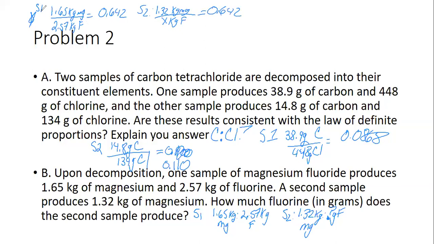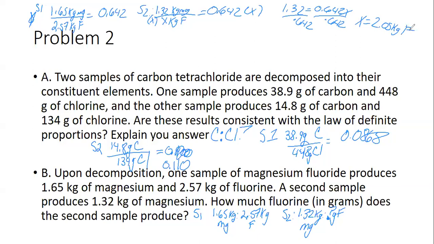So now I need to solve for X. So those of you who do not remember how to do algebra, what you do, you take X, multiply each side by X, and you get 1.32 equals 0.642X. Divide each side by 0.642, and you will get X equals 2.05 kilograms of fluorine.